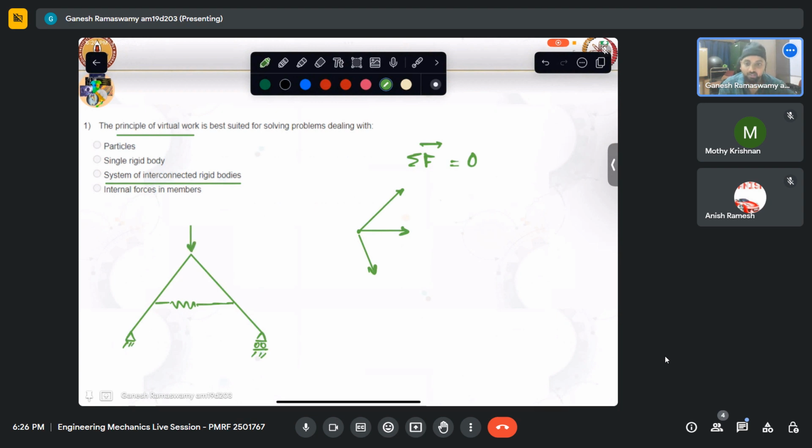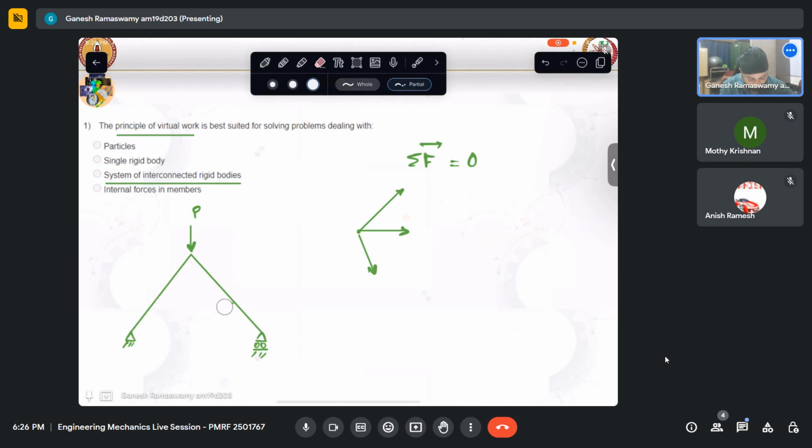Now, depending on this force and this spring constant, this system will attain some position of equilibrium, which is not very convenient for me to analyze using our normal statics force system equilibrium, which we have been doing till now. Whereas this system, which is a system of interconnected bodies, we can analyze easily using virtual work principles.